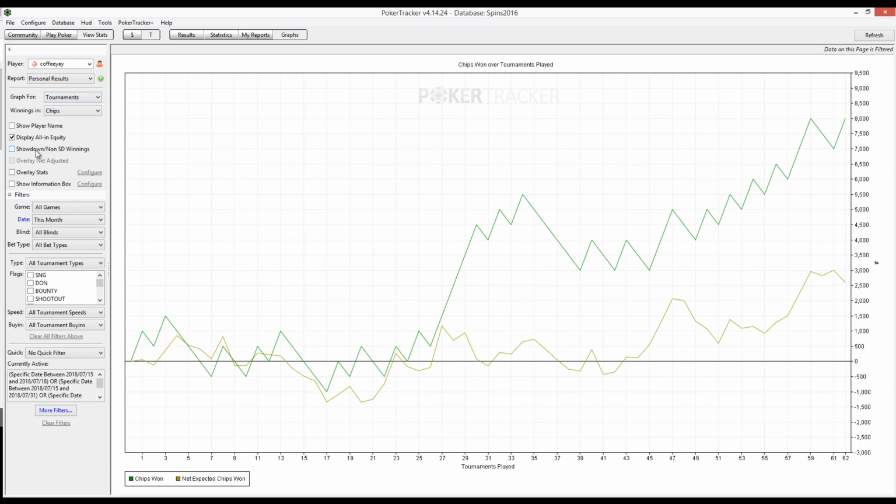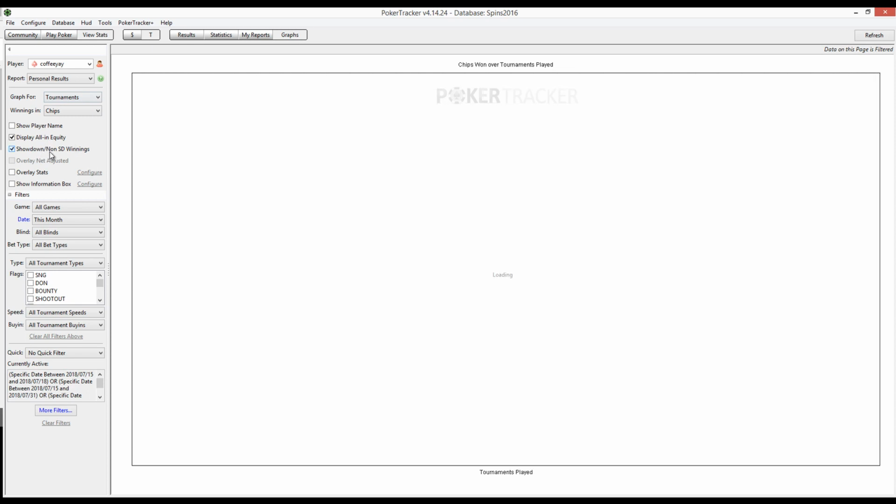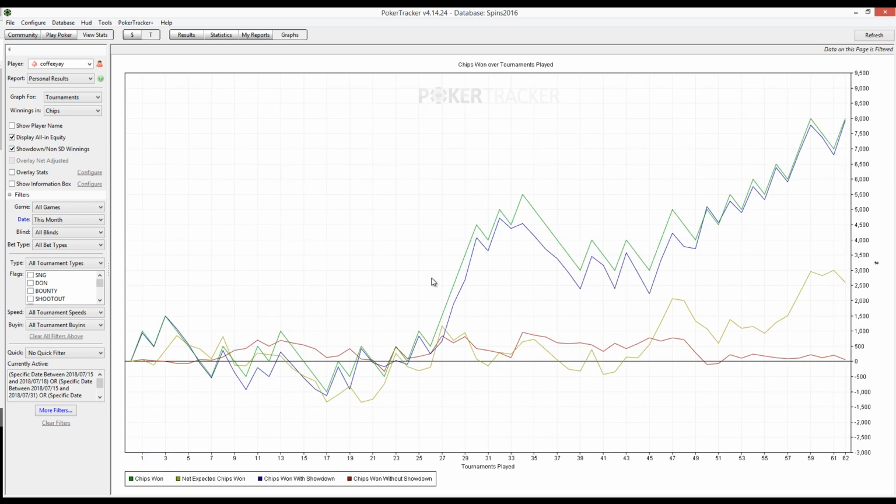And lastly, some players also get confused by showdown, non-showdown winnings. While there are some people who believe that these can be correlated with certain styles, winning more or less, in general, showdown, non-showdown are actually not predictors of EV. You can have actions that have the same EVs, but drastically different results on blue line, red line, on these showdown, non-showdown results.